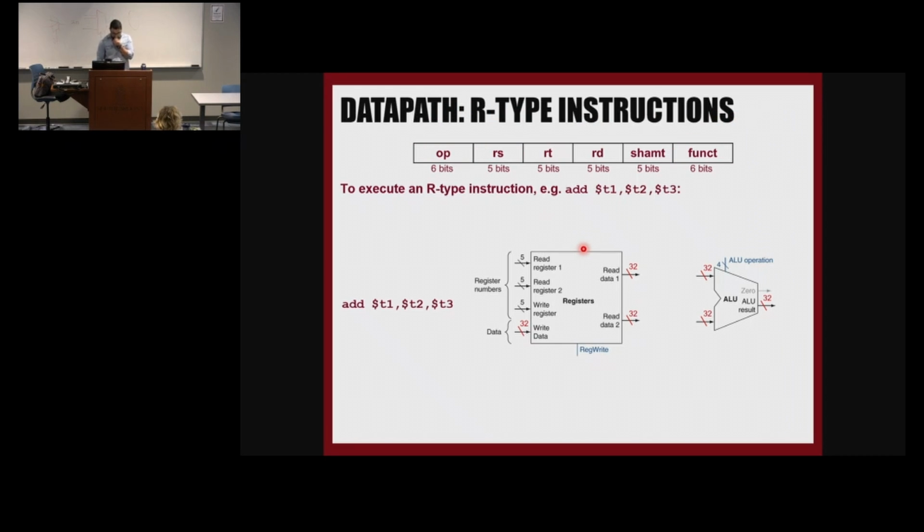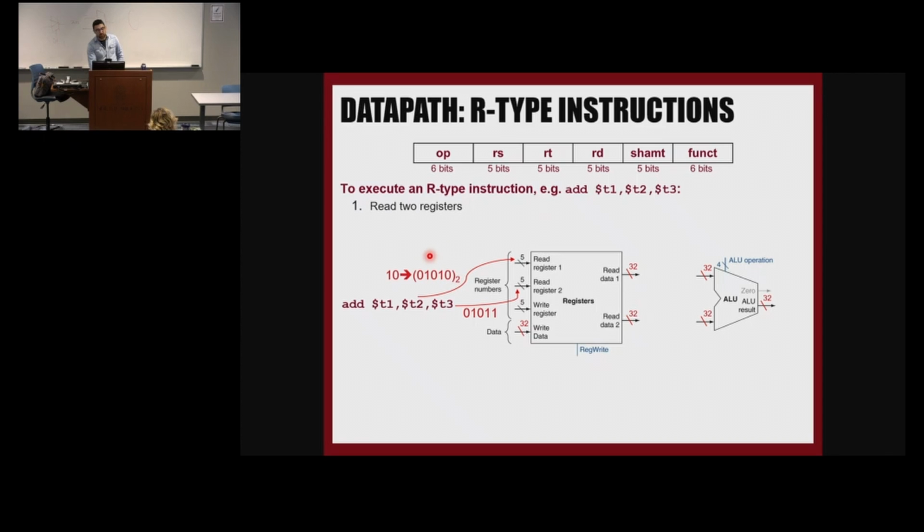Okay. So now the first step is we want to read two registers. Those two registers are T2 and T3. So we know the index number for T2. The index for T2 is 10. It means that in RS we have 0, 1, 0, 1, 0. Okay.